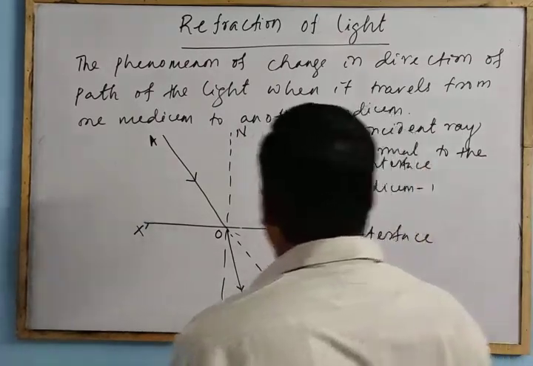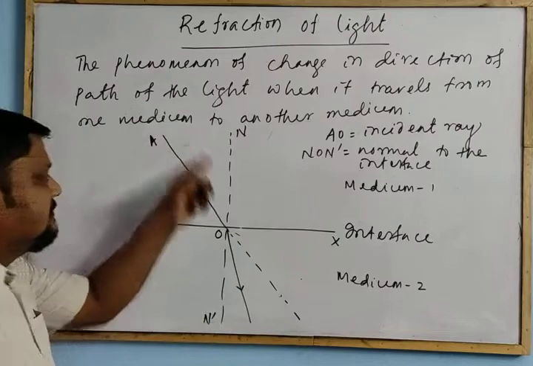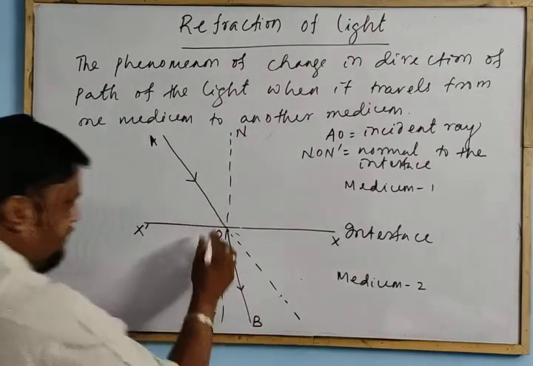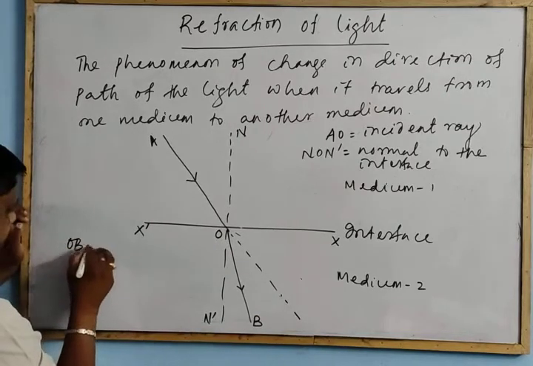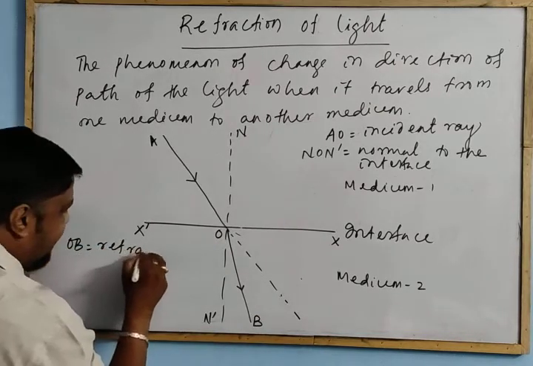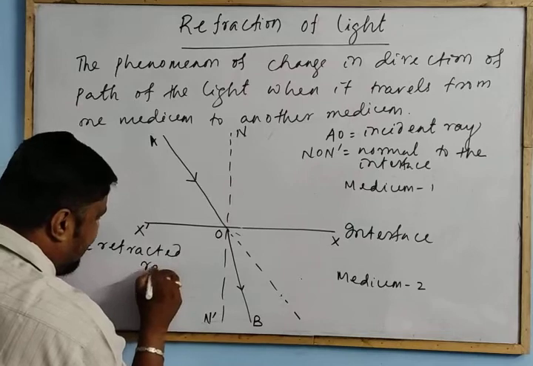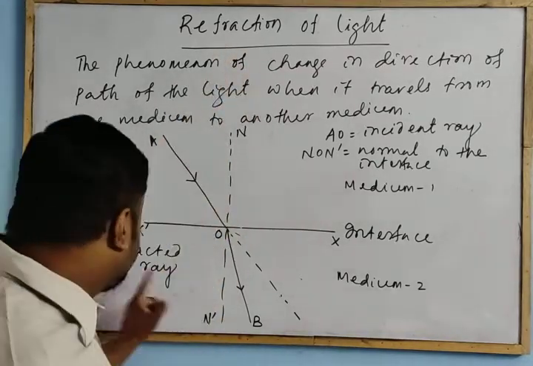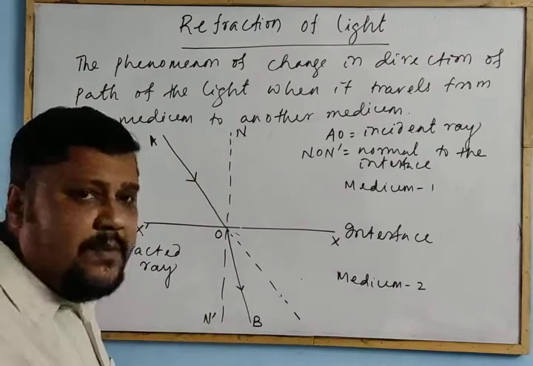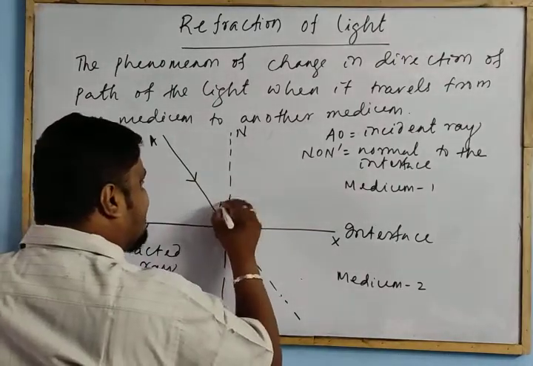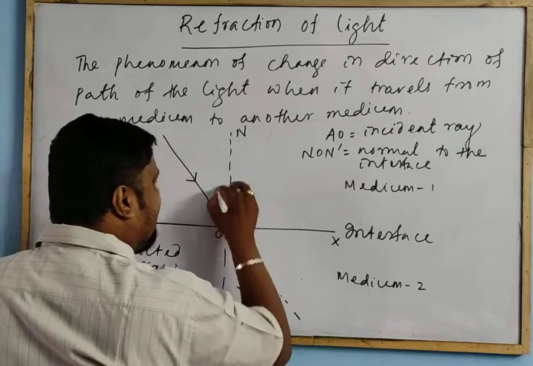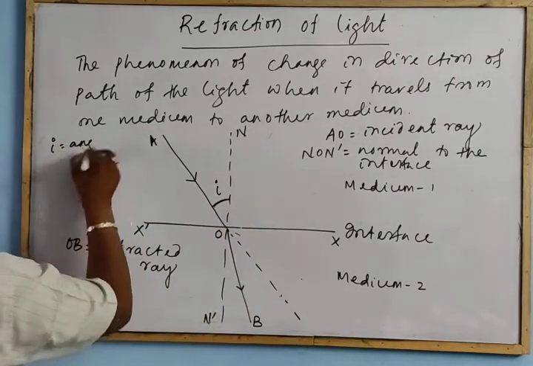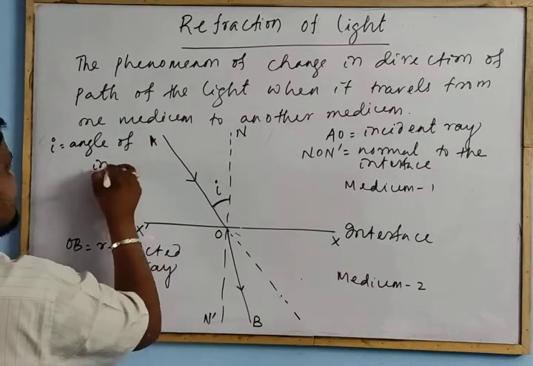OB is the refracted ray, refracted because it is refraction. The angle between the normal and the incident ray is I, the angle of incidence.